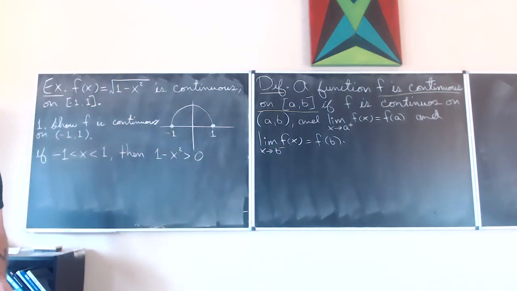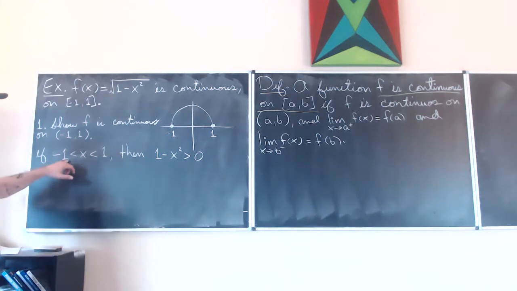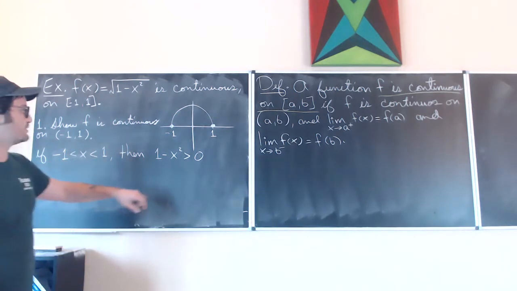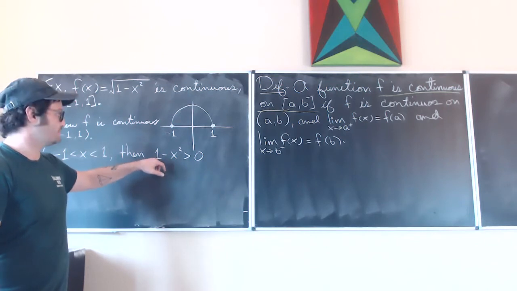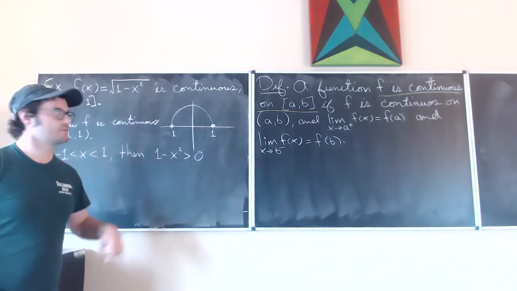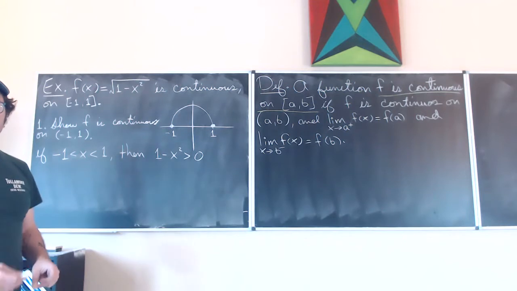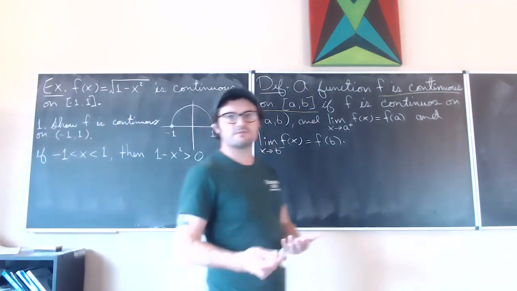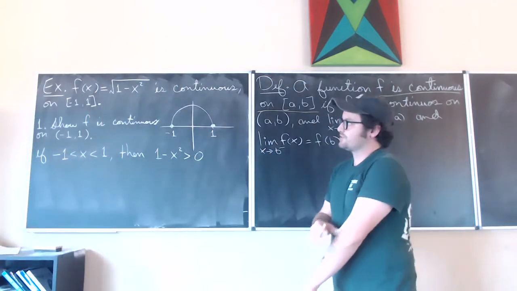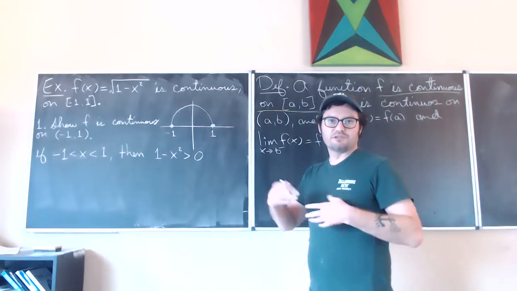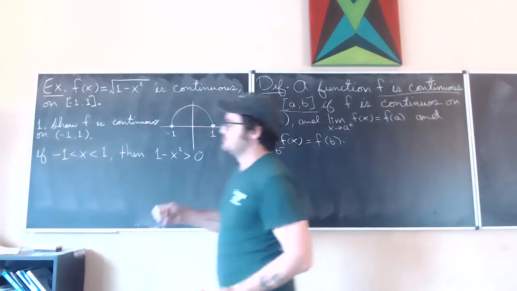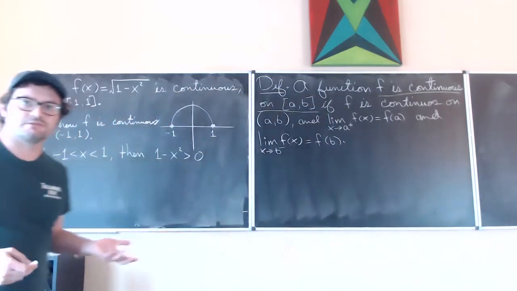Right? If we pick an x between -1 and +1 and we square it, it's surely less than 1. So then 1 minus x squared would be greater than 0. So the inside of that radical is going to be positive. And from a previous lecture, we know that if we have the square root of a positive number, we can evaluate the limit by just plugging in the value c, right?